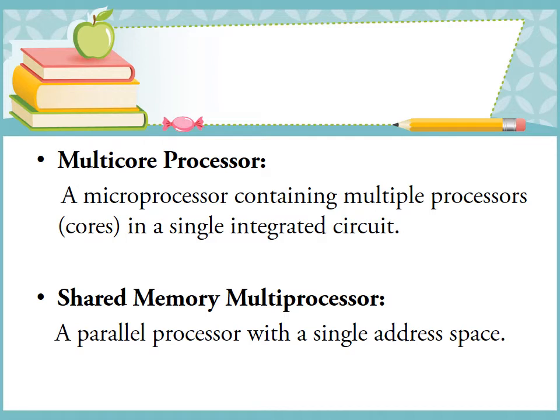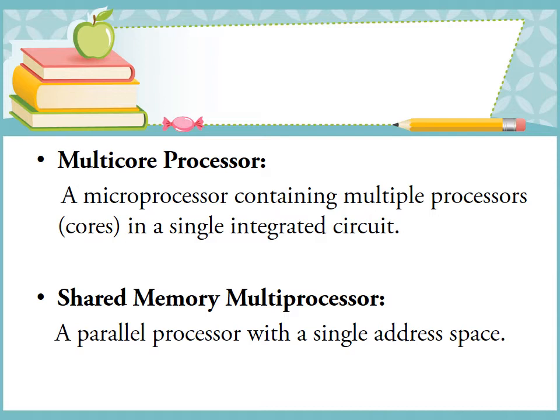If you haven't watched it, go and watch that video, the classification video, so you can understand how multiprocessors are used in processing. Here, multiple processors are contained in a single integrated chip, that is, in terms of cores.